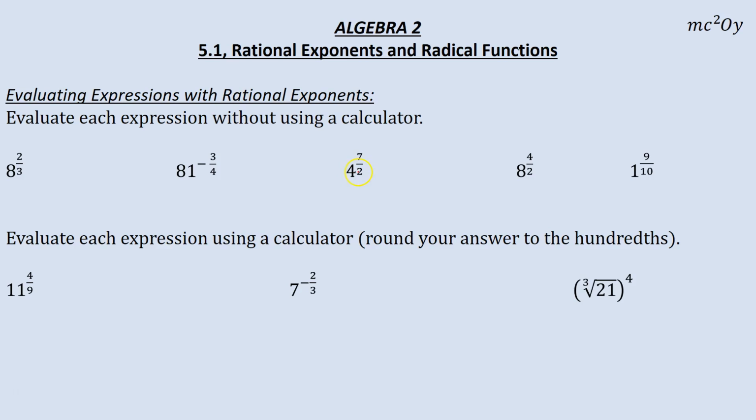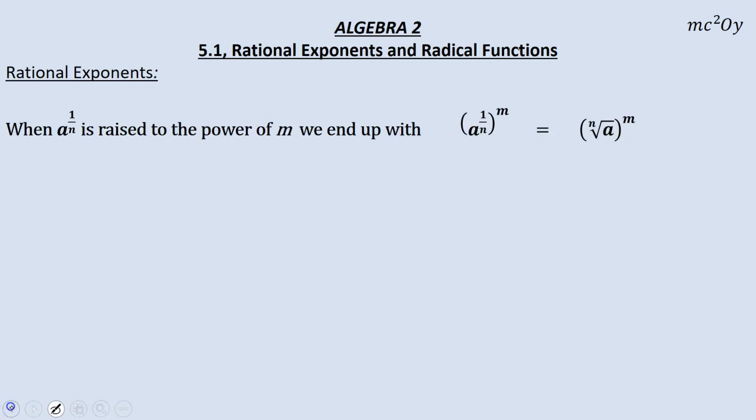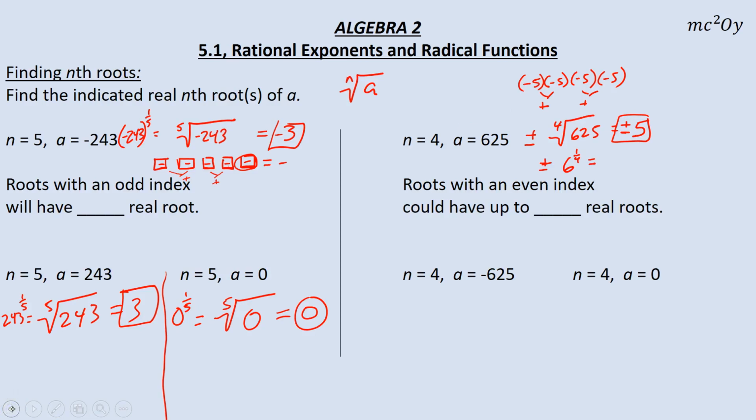This right here, when it's already written out, that means they just want the positive root. So if it's already written out for you, you don't have to assume the plus and minus. Whereas if it's not written out for you, like it wasn't written out for us right here, we have to put positive and negative out in front because we don't know what they're actually asking for, the positive or the negative value.